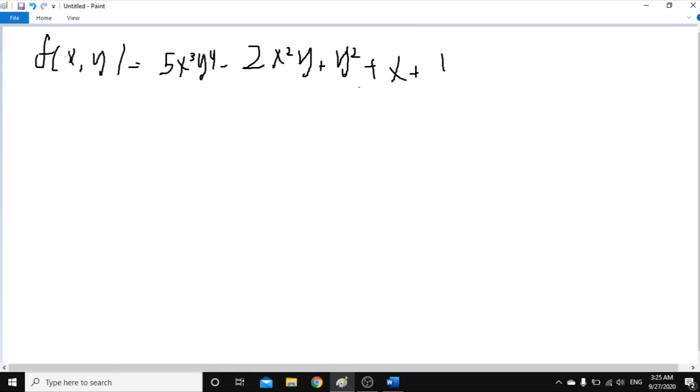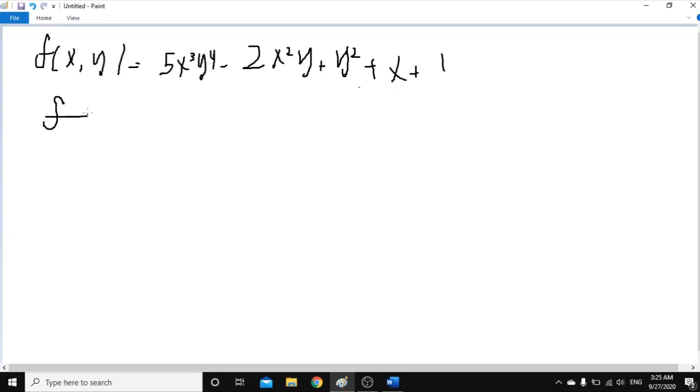To find fxx, fyy, fxy or fyx, the first step is to find the partial derivative with respect to x and the partial derivative with respect to y only. Just deal with each one alone, and then I will show you how to deal with it.